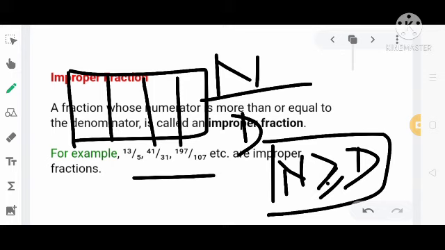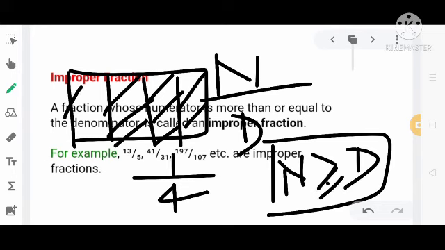This represents your denominator, so the denominator will be 4. And suppose you want to take all 4 parts. Then the numerator will also be 4, because you have 4 equal parts and you want to take all of them. This is an improper fraction.